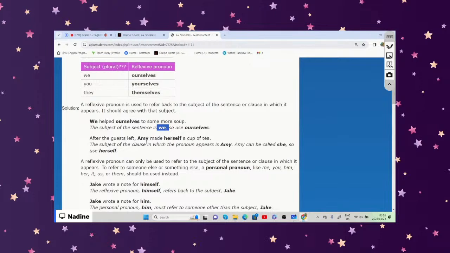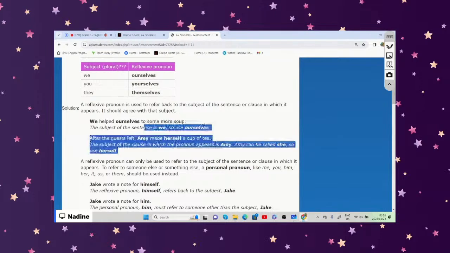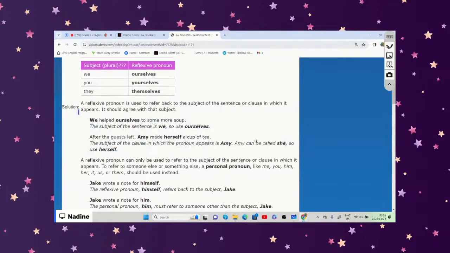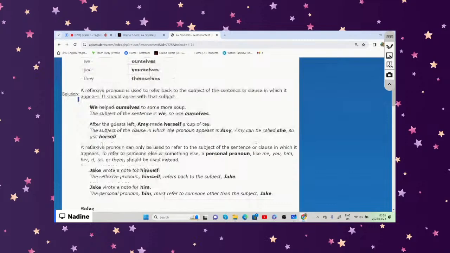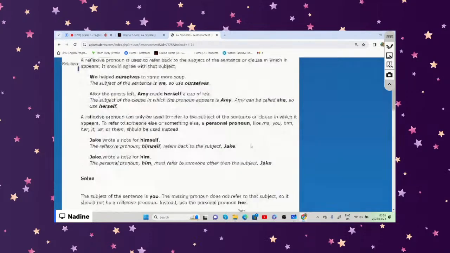So a reflexive pronoun, right, can only be used to refer to the subject of the sentence or the clause in which it appears.